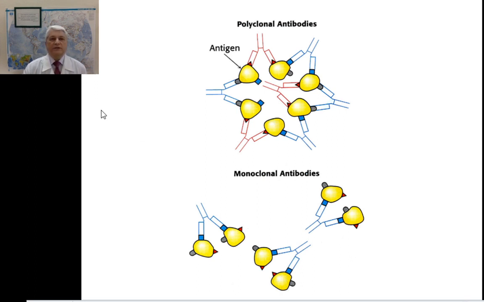Now you can understand why we call monoclonal antibodies monoclonal, because mono, it is one. Monoclonal antibodies are antibodies produced by one clone, and polyclonal antibodies are antibodies that were produced by many clones of B lymphocytes.